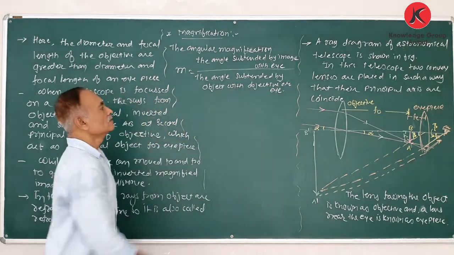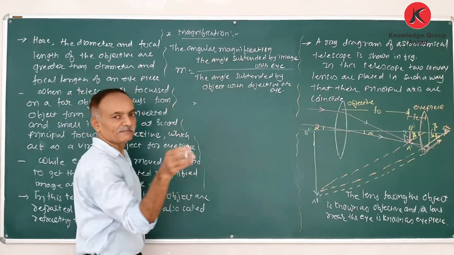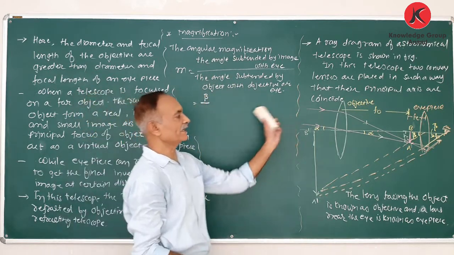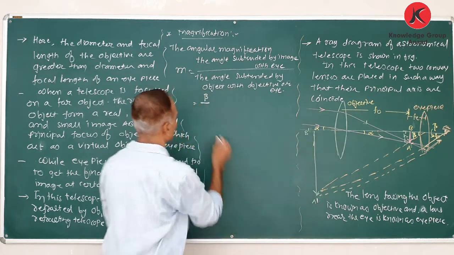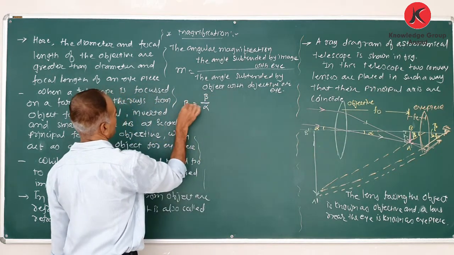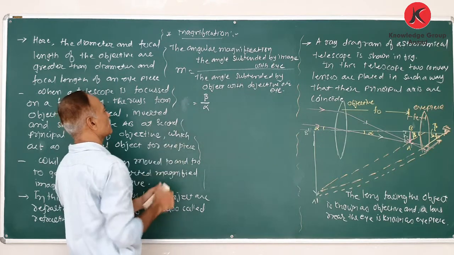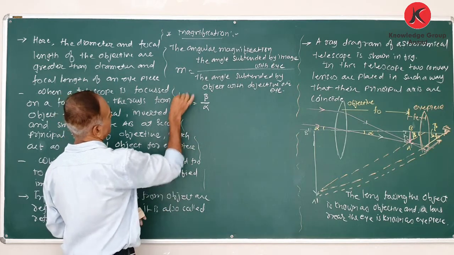Here the angle subtended by the image at the eye is beta, and the angle subtended by the object is alpha. So beta upon alpha is the magnification of an astronomical telescope.